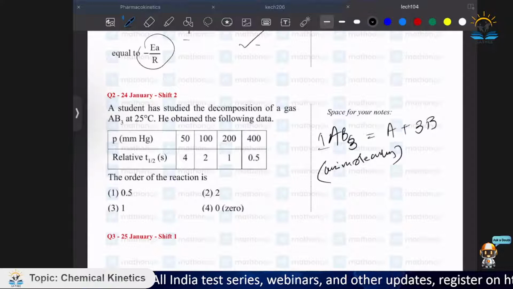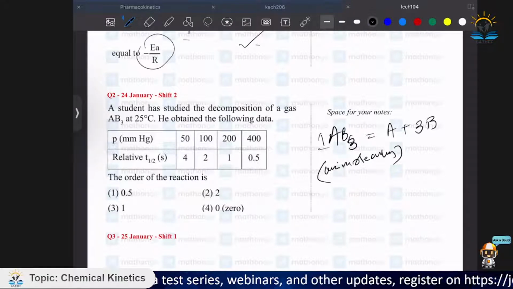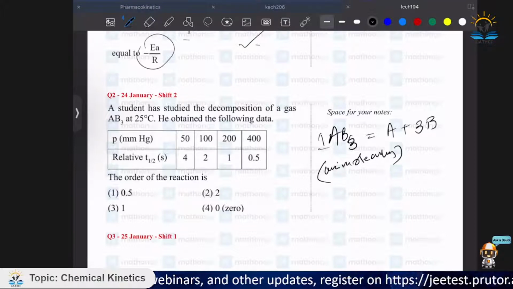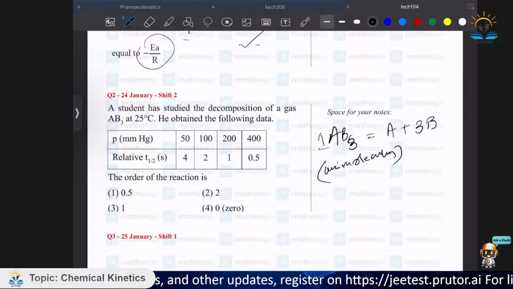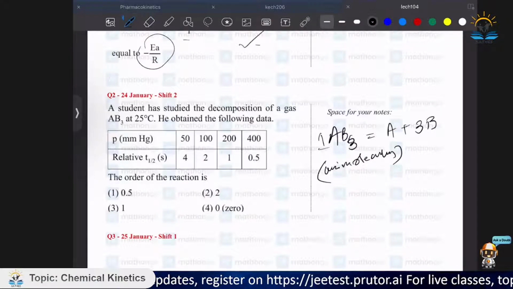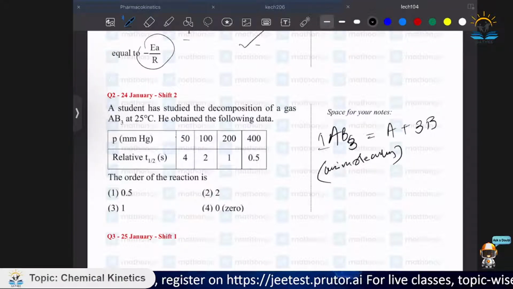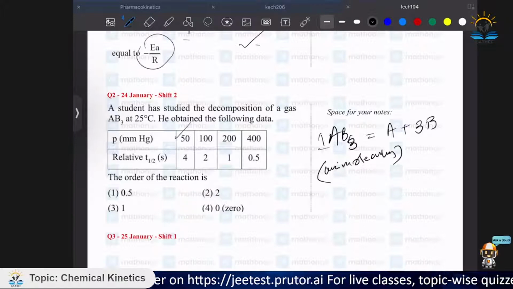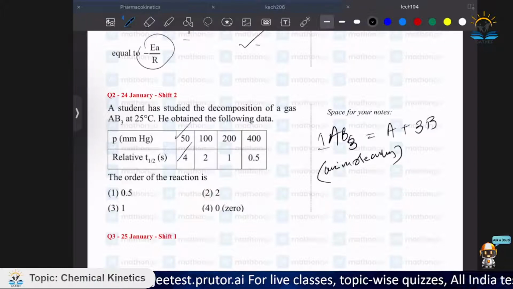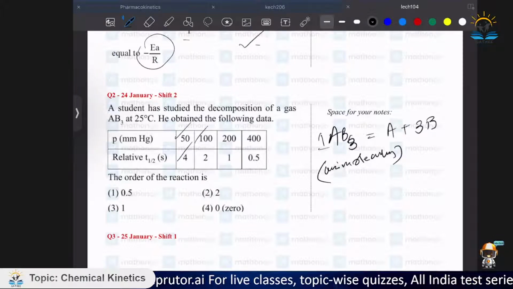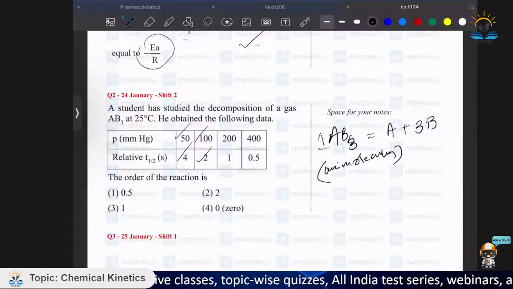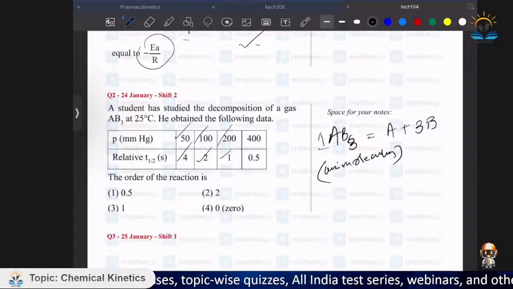It is unimolecular because molecularity cannot be a fraction or zero. Now let's see change in concentration of reactants. If pressure is 50, then half life is 4 seconds. If pressure is 100, half life is 2 seconds. Pressure 200, half life is 1 second.